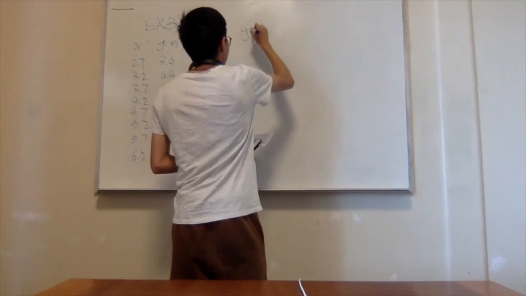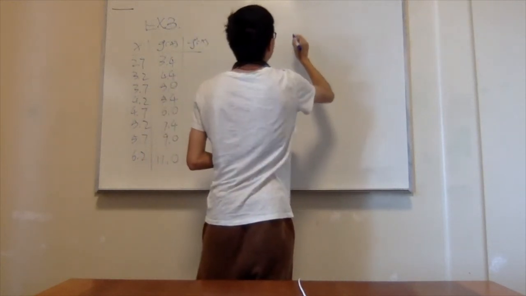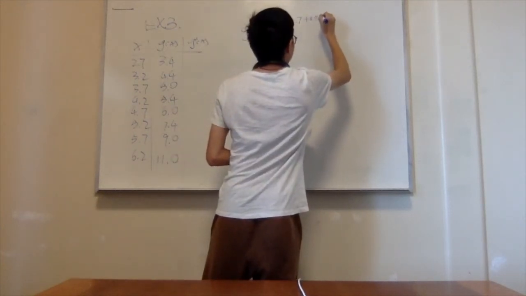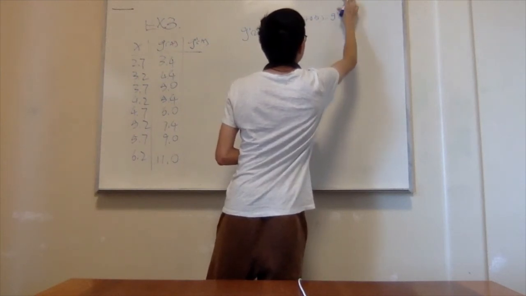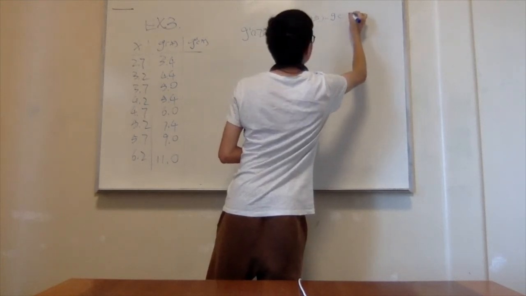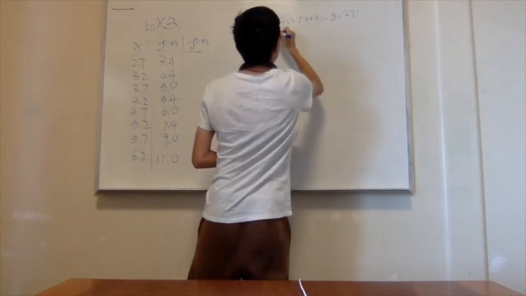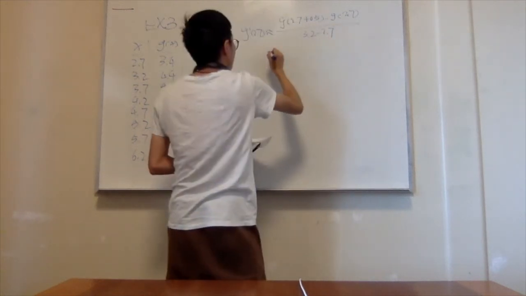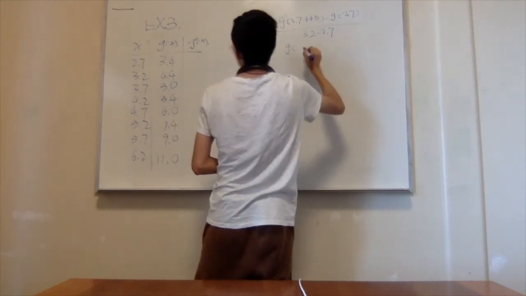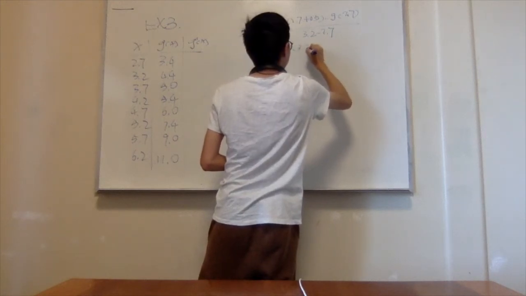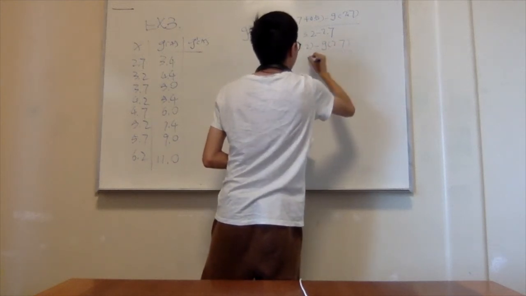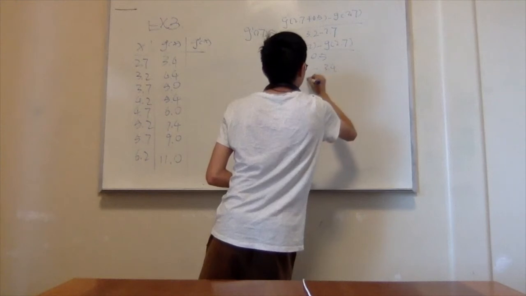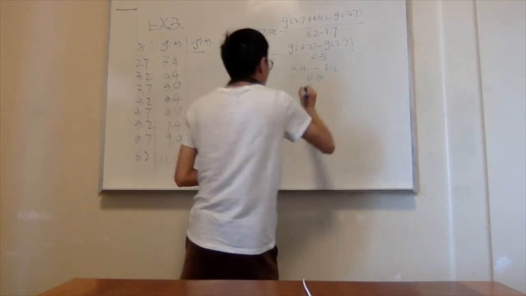Okay, g prime of 2.7, estimate: g of 3.2 minus g of 2.7 over 3.2 minus 2.7, equal to 4.4 minus 3.4 over 0.5, and that's 2.